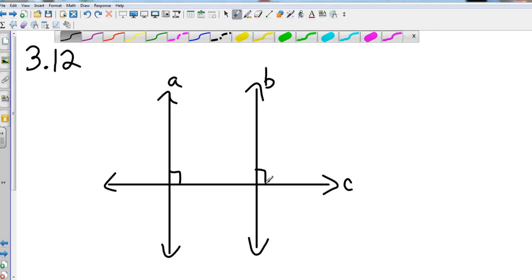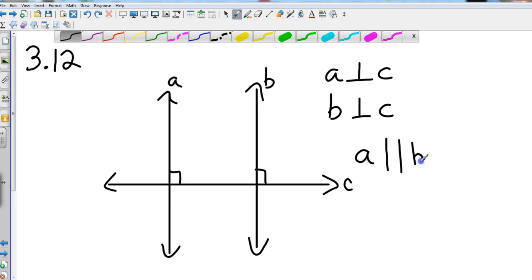So in this case, A is perpendicular to C, B is perpendicular to C, but also A is parallel to B. And that is 3.12, the lines perpendicular to a transversal theorem. And that is chapter 3, section 4, proofs with perpendicular lines.